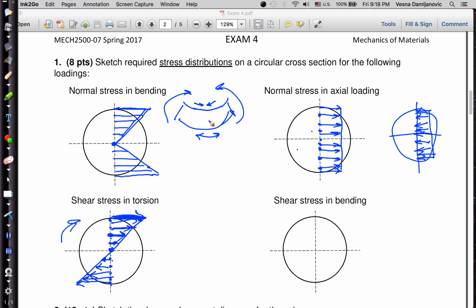So let's assume that we have this loading case, and then this is my cross section that I presented here. Draw me the arrows. Let's say that because it's circular, this is the neutral axis going right through the middle. That means that these two by magnitude have to be the same, only in the opposite direction, okay? So this one is going to have arrows pointing to the line, into the cross section.